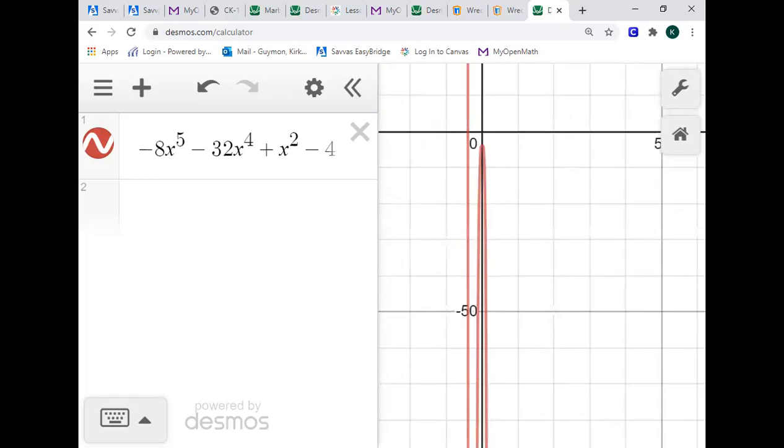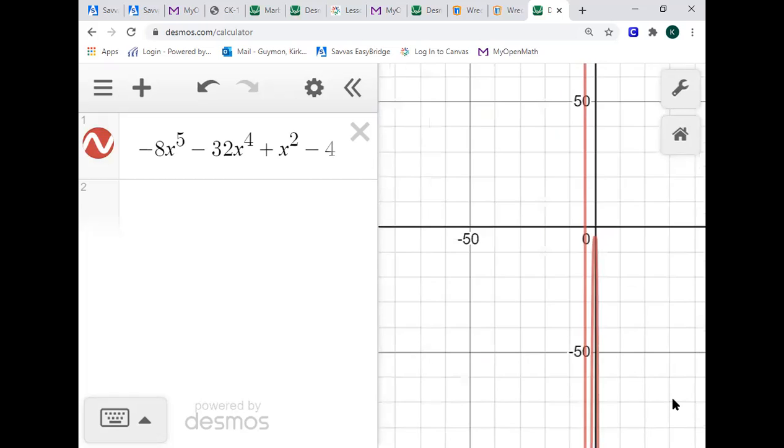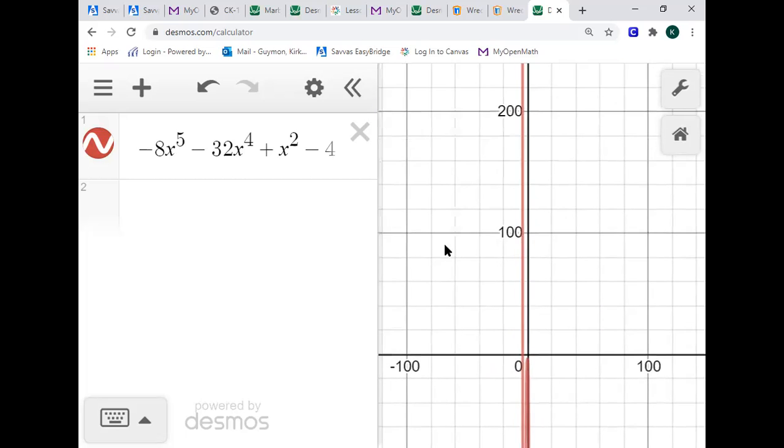I don't think my graph looks like their graph. So I would say that no, that doesn't work compared to this graph. So I think we've got something wrong with their graph or their equation.